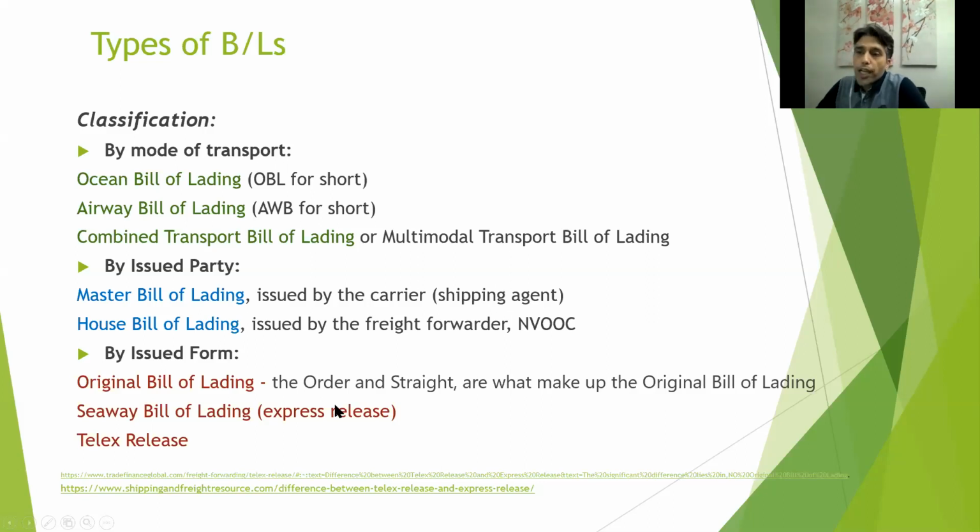And by issued form, if we want to check how it's possible to issue a bill of lading, we have three methods. Later on, we will review all of this information again. This is just very brief information. We have the original bill of lading, which is very normally on paper.